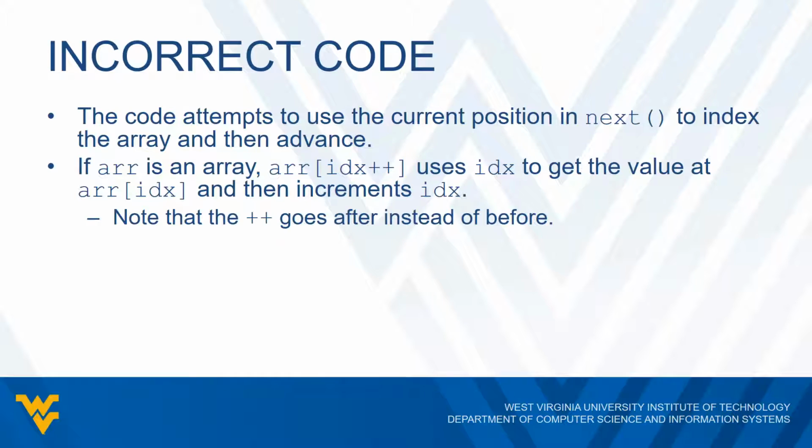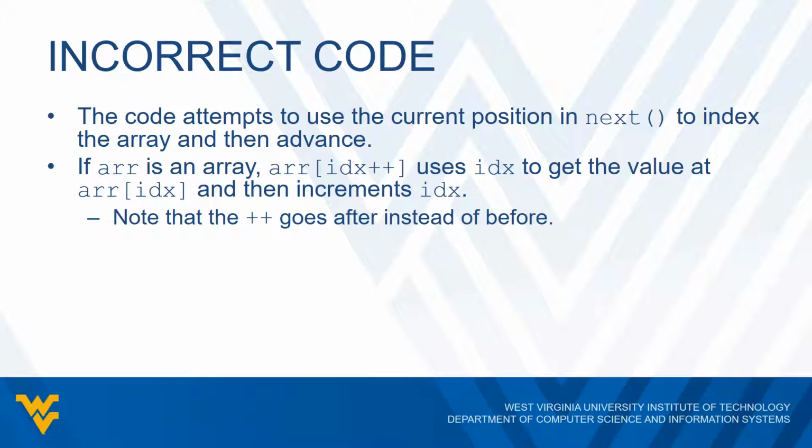Note that it's important that the plus plus goes after the idx and not before idx. So what we're doing here is we're getting the current value at the current spot, and then we're going to increment idx, so that the next time we call next, we would get the next item in the array.